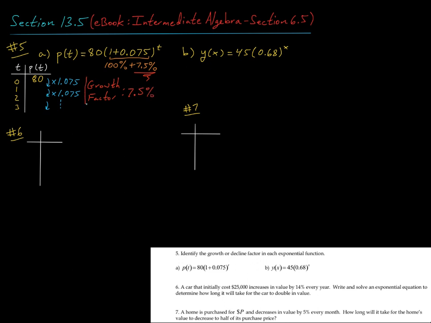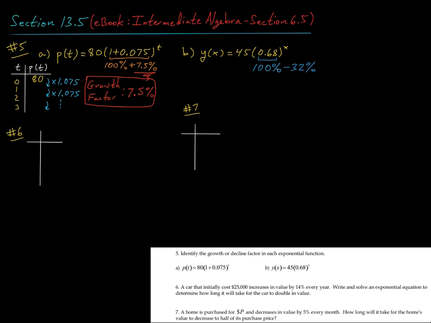Cool. All right. And then for part B, we have that y of x is 45 times 0.68 raised to the x. And so here, since this multiplier is less than 1, you want to think, okay, 100% minus, in this case, 32%, right? 0.68 is 68%. So year to year, I'm taking 68% of the previous year's value to get the present value.